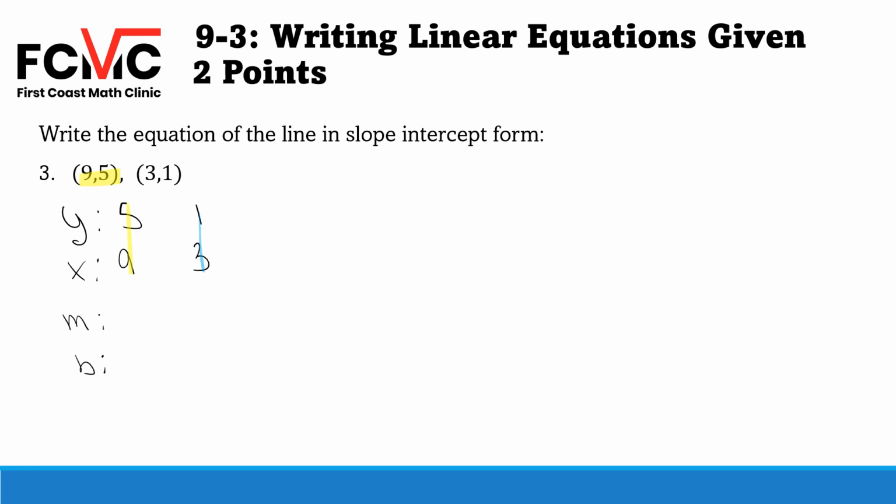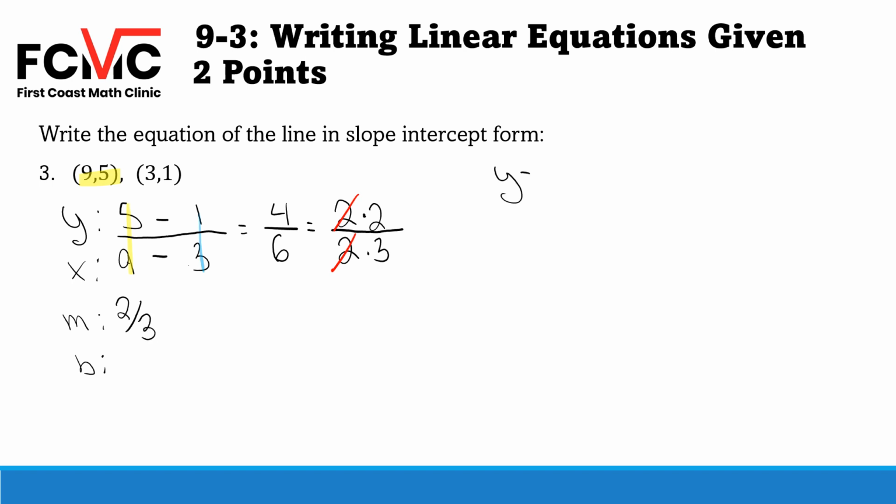And then 1 and 3. Draw our fraction bar, minus and minus. 5 minus 1 is 4. 9 minus 3 is 6. Let's factor that 4 into 2 times 2. 6, we could factor that into 2 times 3. We can divide out 2 and 2. So we're left with 2/3. So our slope is going to be 2/3.